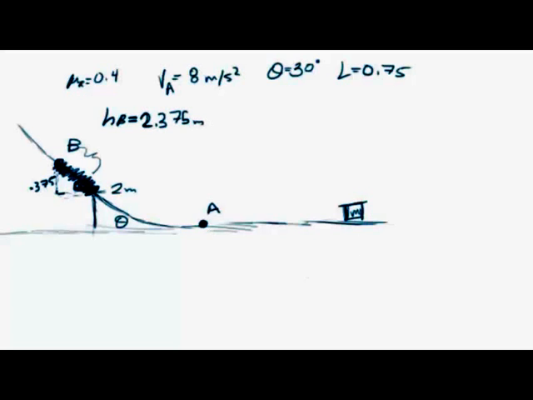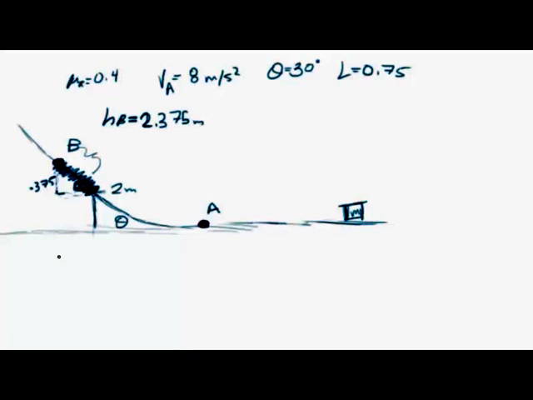Okay. So here's a general game plan. Let's try changing color, because I haven't done that yet. The energy at B is going to be equal to the energy that it had at A, minus all the energy that it lost due to friction.